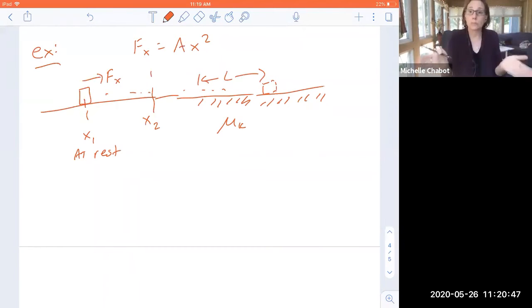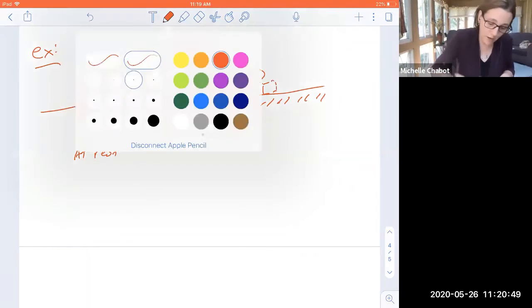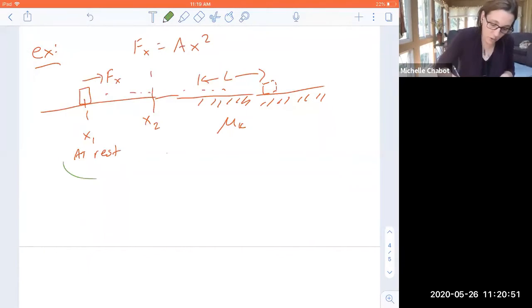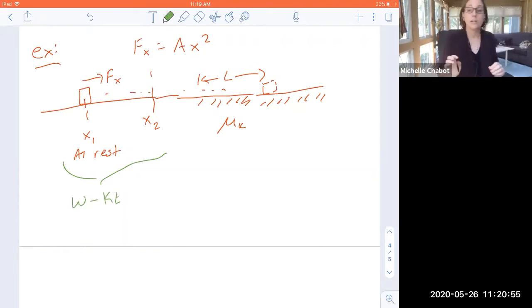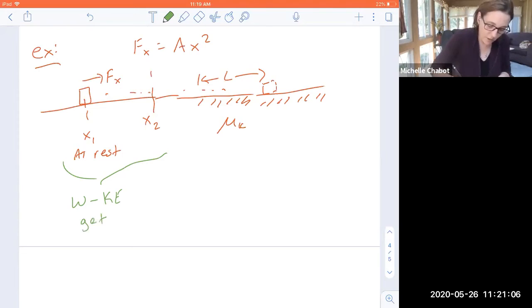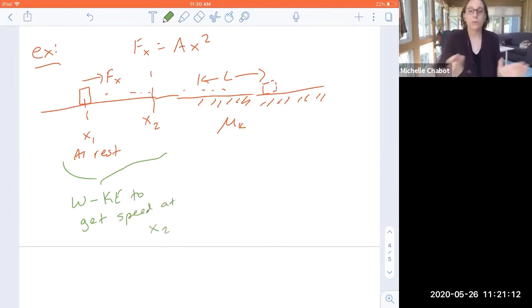This is a two-part problem. In the first part, you're going to want to use work, so this will give you the work kinetic energy. You can use little notations for these as long as they're clear, so you don't have to write out the full name every time. You would use work kinetic energy to get the speed at x2, the speed heading into the rough patch.